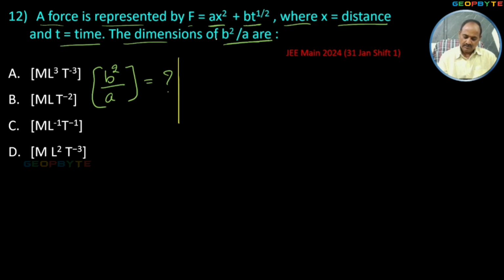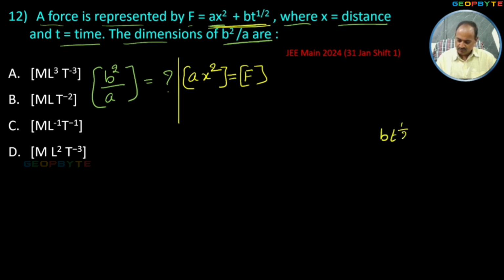You know, F equals A x squared plus B t power 1 by 2 means A x squared dimensional formula must be equal to force dimensional formula. Similarly, I can say that B t power 1 by 2 dimensional formula must be equal to force dimensional formula.